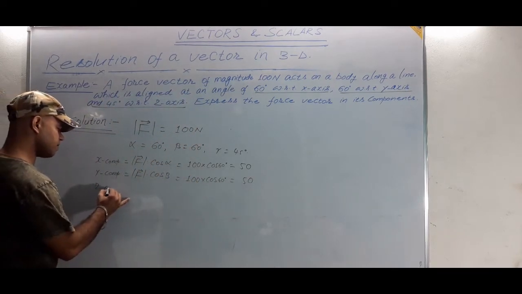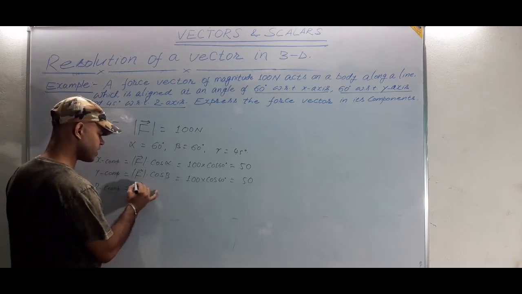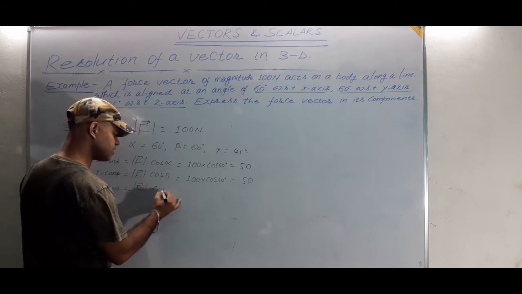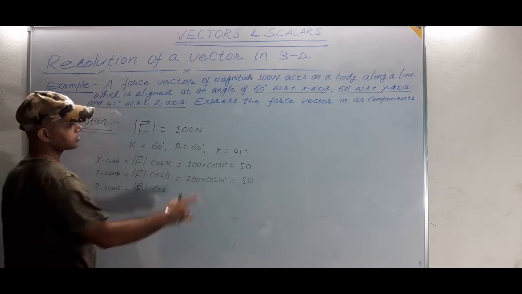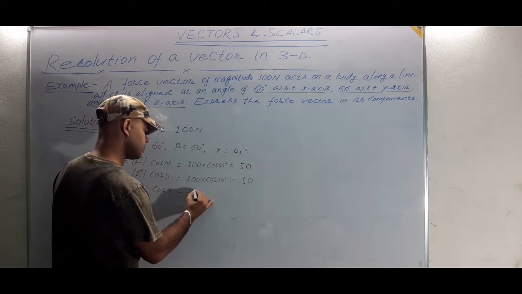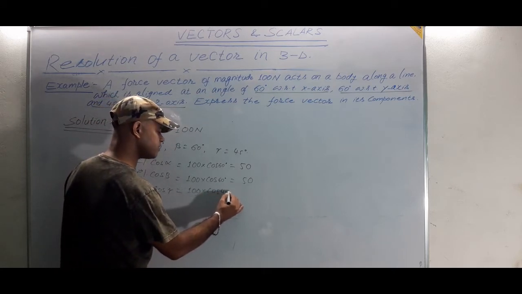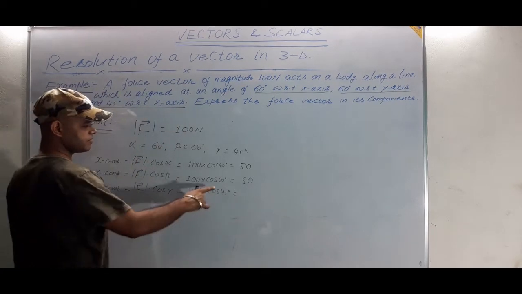Similarly, z component. So z component can be written as magnitude of the vector into cos of angle the vector makes with z-axis. So that is gamma. Gamma is 45 degree. So we can write magnitude of the vector into cos of gamma, 45 degree. Cos 45 is 1 by root 2.